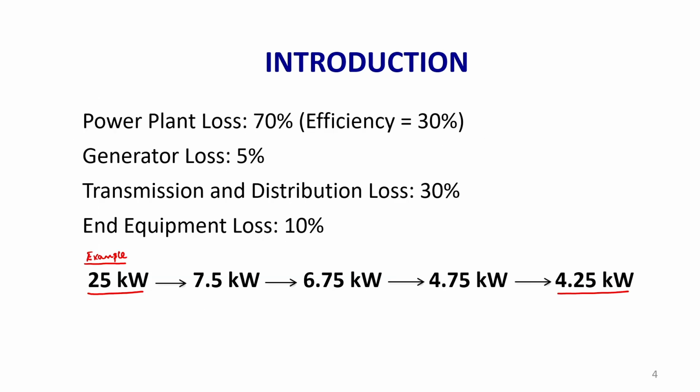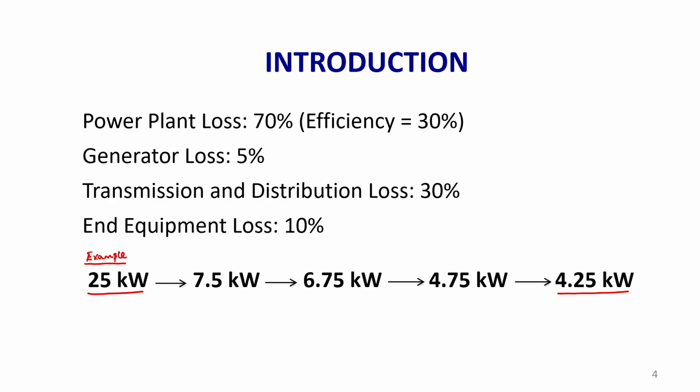So, why have I mentioned these numbers? This is the reality. When we use the grid power to operate the compressor in a vapor compression system, we do not get even 30% efficiency. 30% is the efficiency of the power plant. By the time that power reaches the end user through the transmission and distribution system, and in between there are losses, generator loss, T and D loss of course, and also loss at the end equipment.